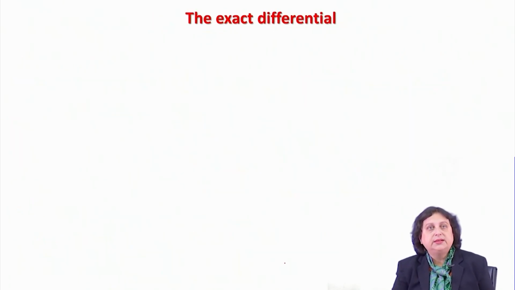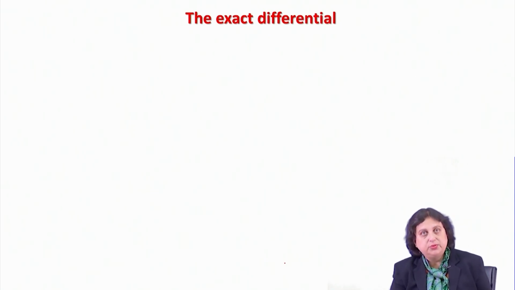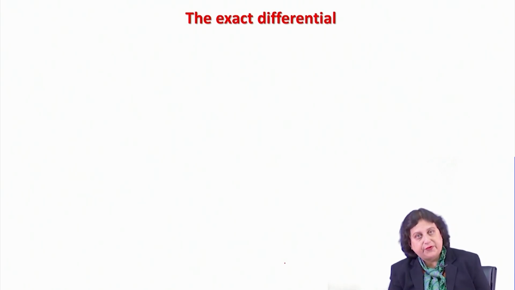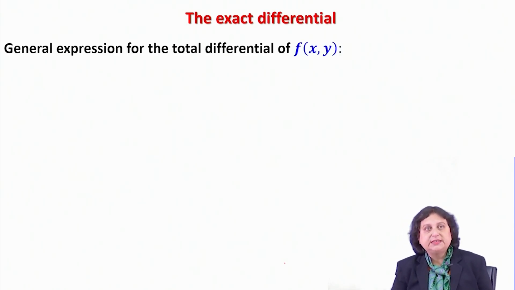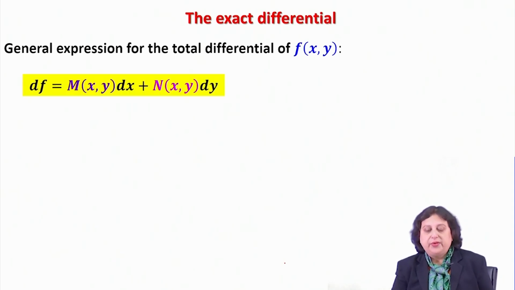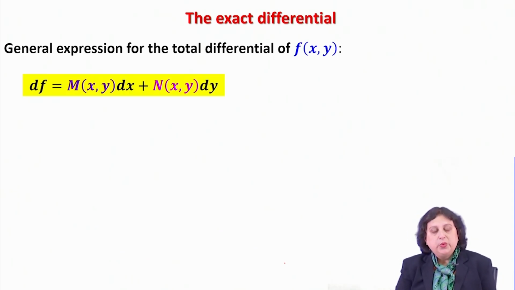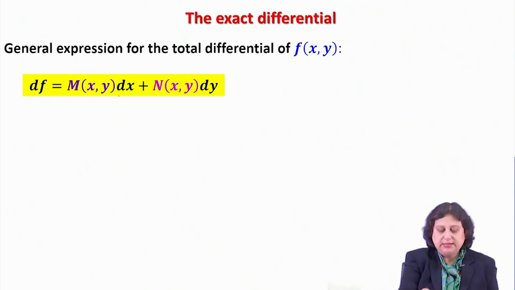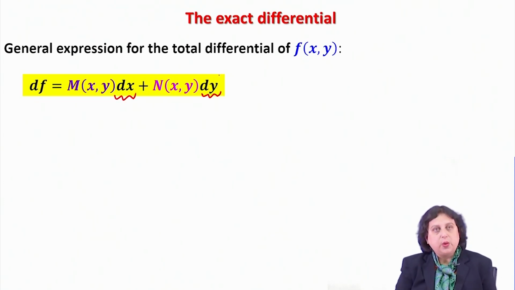There is one further concept that I am going to explain to you here, and that is the concept of an exact differential. So what is an exact differential? For a total differential of f(x,y), we have seen that I can write it in this form, where df is something times dx and something else times dy.